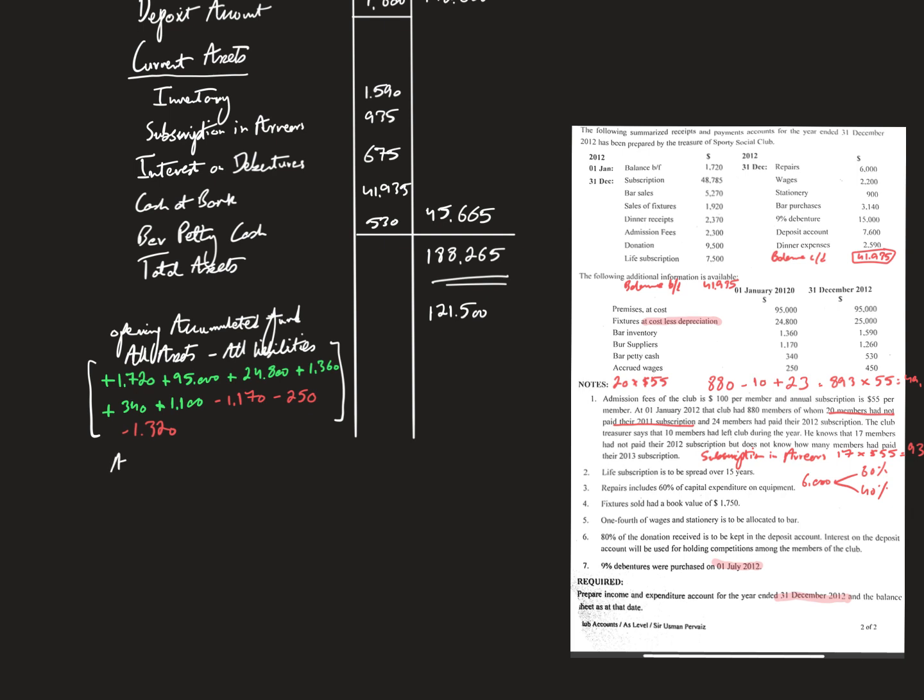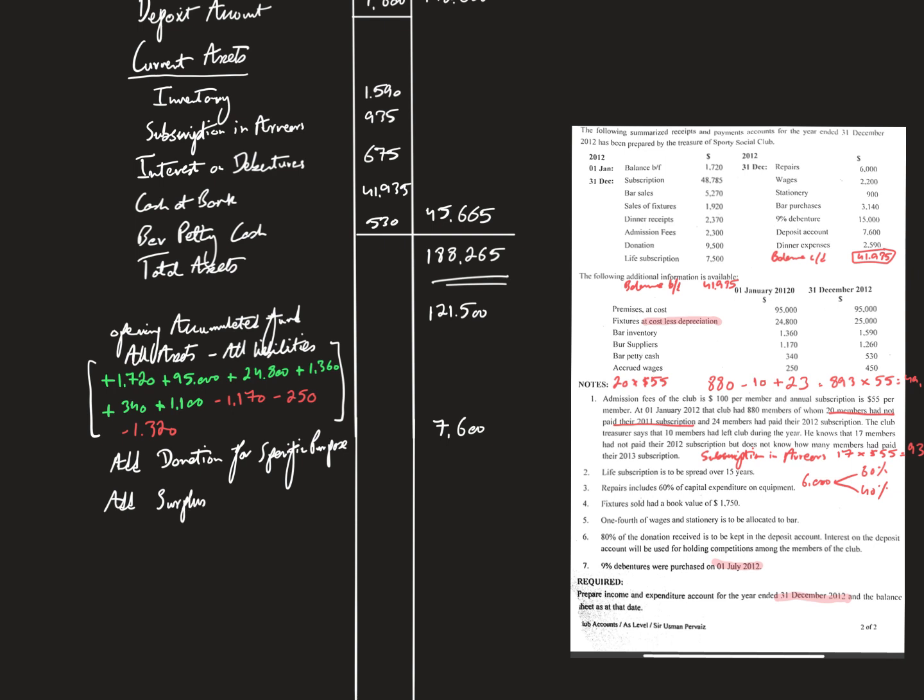Do I have any donation for a specific purpose? Yes. What was the donation for a specific purpose? 7,600. Do we have any surplus or deficit? कितना आया था surplus?